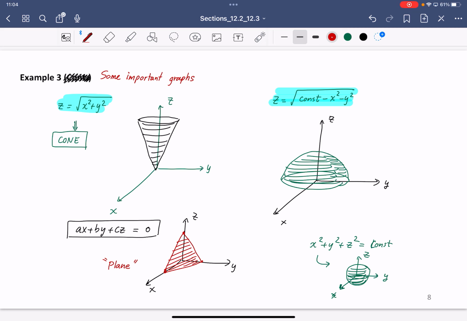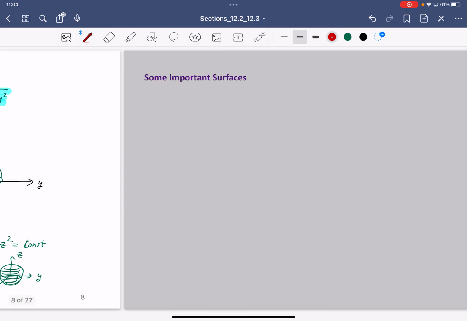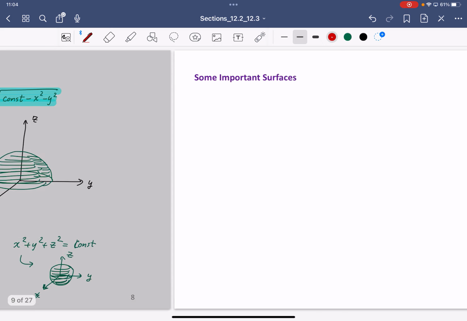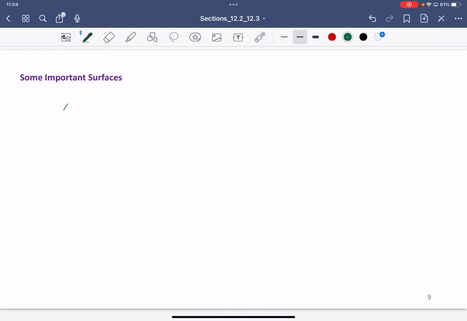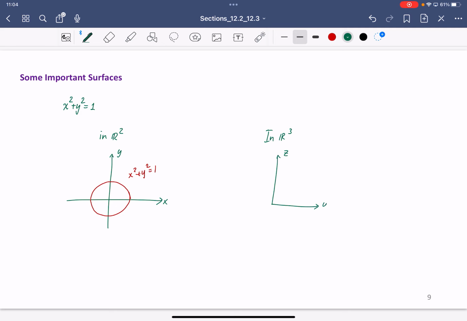For example, suppose you have x squared plus y squared equal to 1. In R2, this is just a circle, with axes y, x. But in R3, you remember, you have 3 dimensions, so it's going to be c, y, x.